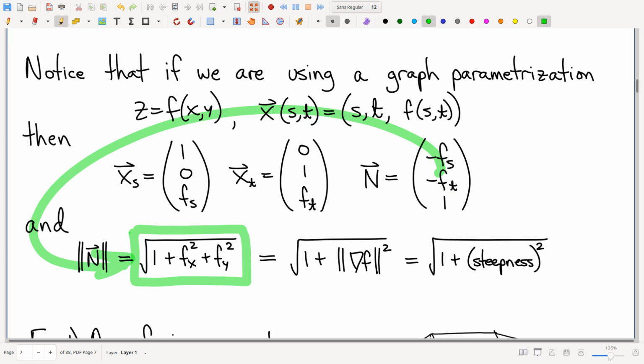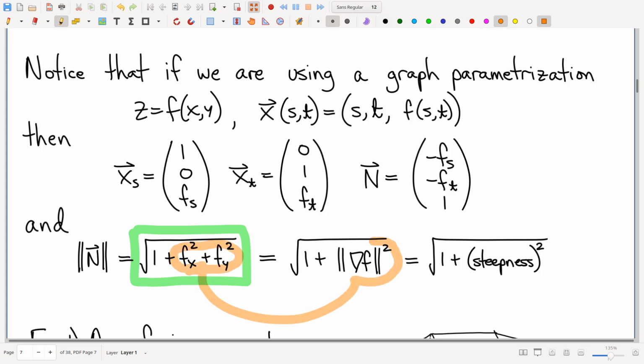Now, having noticed that, there is another little bit of good fortune. You'll see that this little bit right there is the magnitude squared of the gradient. Just happen to notice. And then furthermore, recall that the magnitude of the gradient is the steepness of the graph.